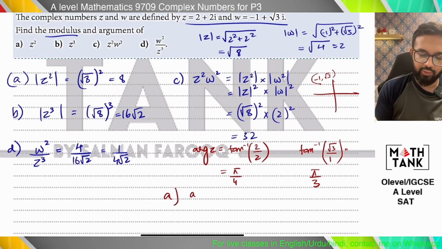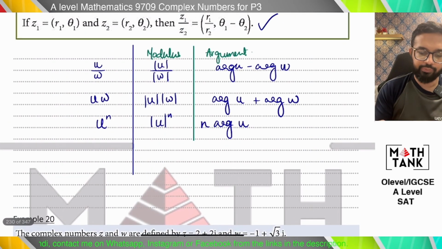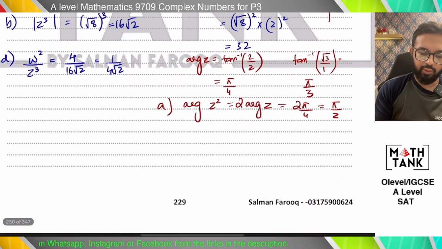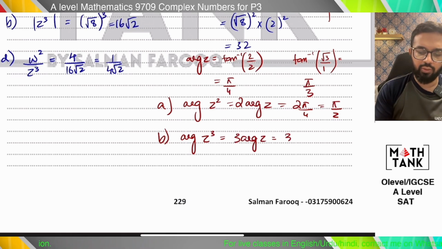So let's now do a. That's just the argument of z squared, which is 2 times the argument of z. That's 2 times pi over 4, pi over 2, according to the rule. Then the argument of z cubed is 3 times the argument of z, that's 3 pi over 4.